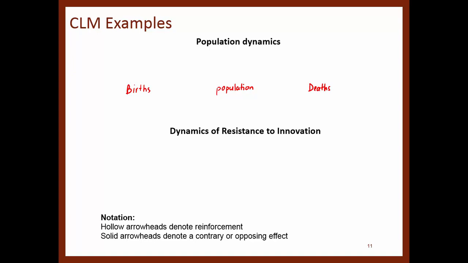So in this case, I'm going to use these 2 arrows. They have different colors. So the white arrow would denote a positive or reinforced effect, and the dark arrow will be a negative or contrary effect.